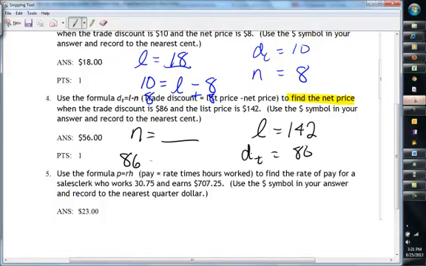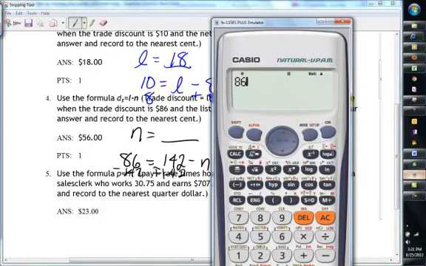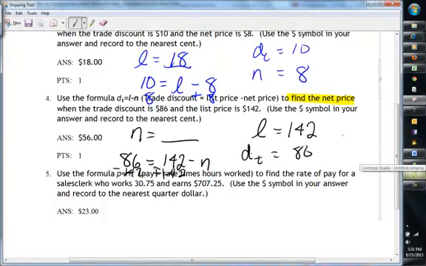So 86 equals 142 minus N. To get the N all alone, we're going to subtract 142 from each side. 86 minus 142 is negative 56. So negative N is negative 56, which means positive N is positive 56.